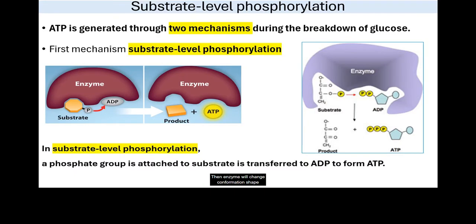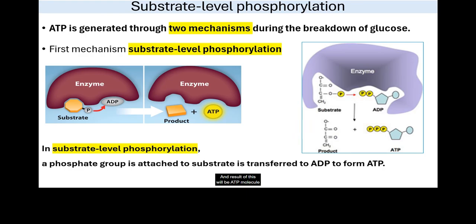Then the enzyme will change conformation, shape, and it will bring the phosphate group close to the ADP molecule. A new chemical bond will be formed between the phosphate group and ADP, and the bond between substrate and phosphate group will be broken.